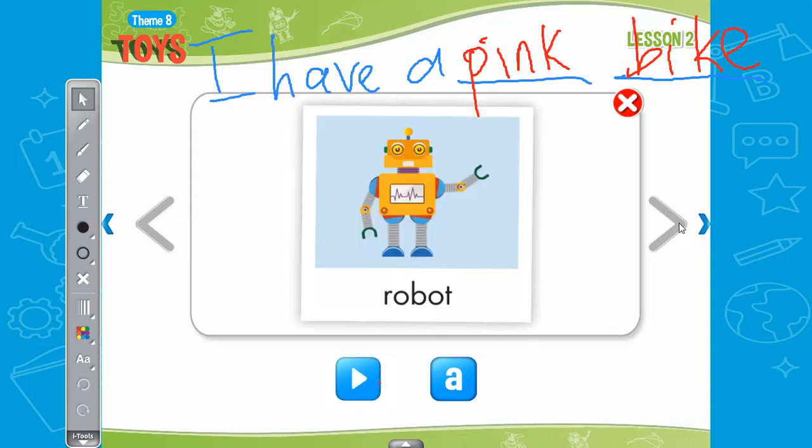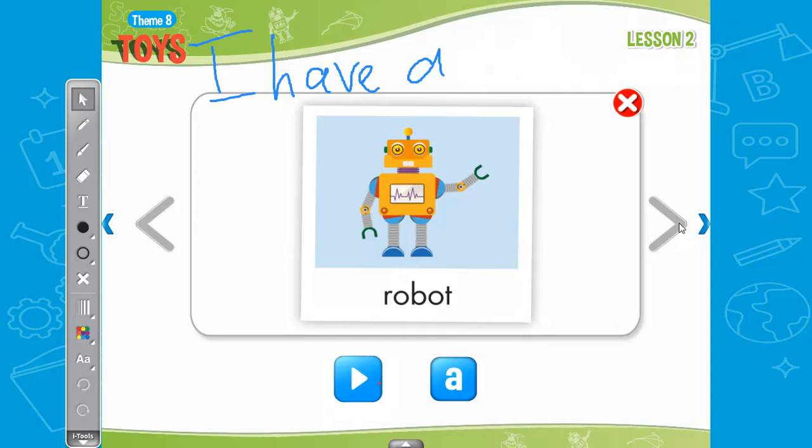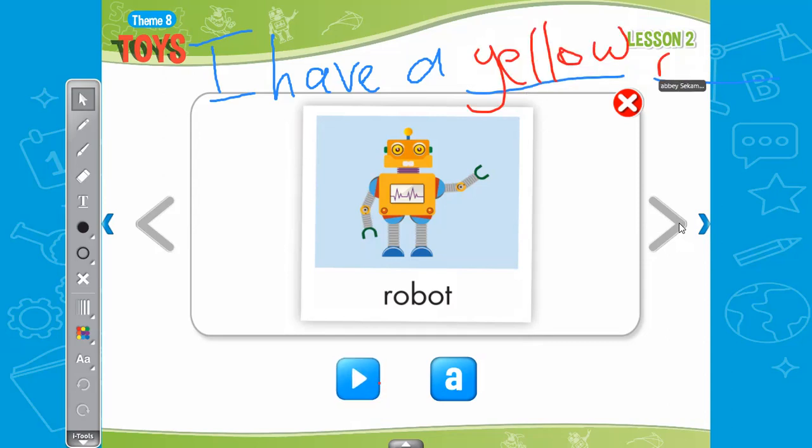How about this? Can you see what is it? It's a robot. But what color is the robot? All right. Again, you will say, I have a yellow robot. Can you see? I have a yellow robot.